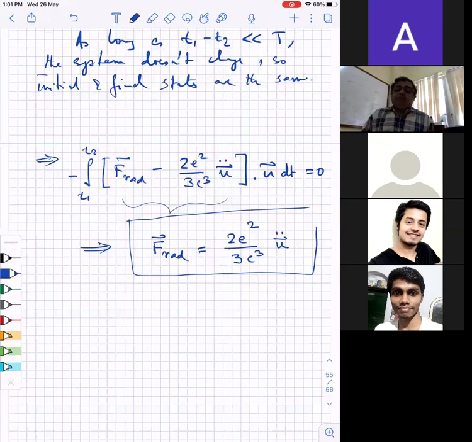In fact, the radiative reaction has a huge history. I'll try to do a little more. Last time I did less. I thought I would maybe do a little more this time. Now, there's a huge history in the building up of electrodynamics. It was first calculated by Lorentz. So it's as early as that, and it brings out all these questions about what happens when it's a point charge.